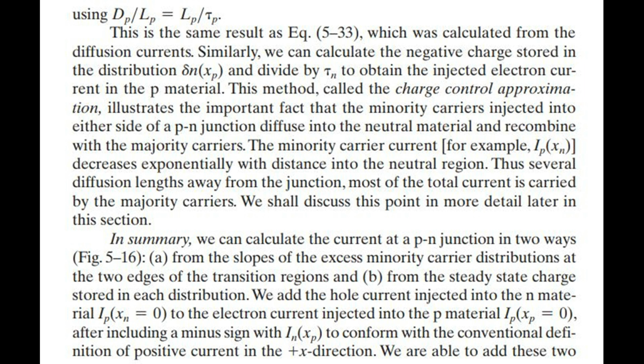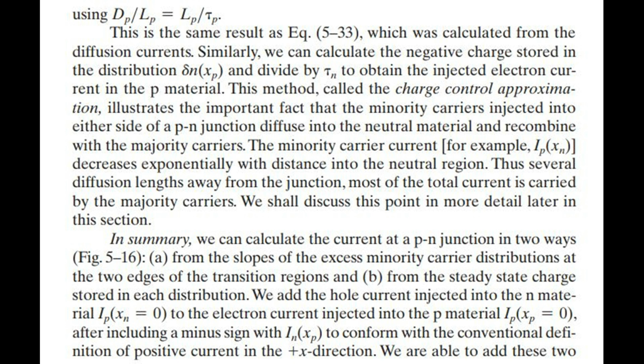In summary, we can calculate the current at a p-n junction in two ways, Fig. 5-16: (a) from the slopes of the excess minority carrier distributions at the two edges of the transition region, and (b) from the steady-state charge stored in each distribution. We add the hole current injected into the n material, Ip(xn = 0), to the electron current injected into the p material, In(xp = 0).